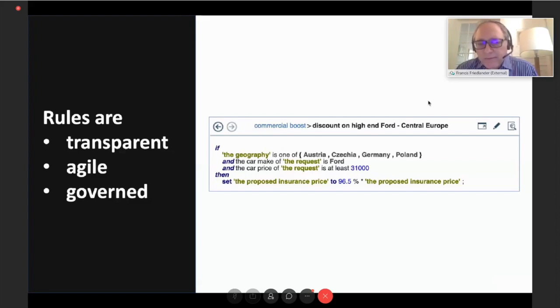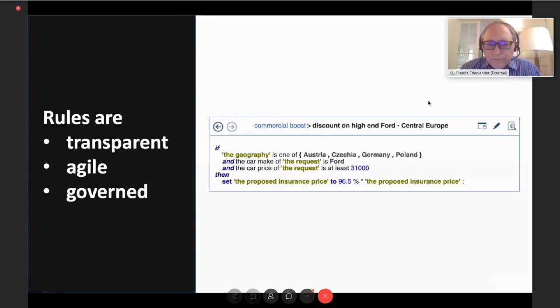So as you can see, even if you are not a car specialist or an insurance specialist, you understand exactly what this rule is trying to do. So it is transparent. It is also traceable, meaning when you make rule-based decisions, you can explain each individual decision on each case in terms of business rules, right?